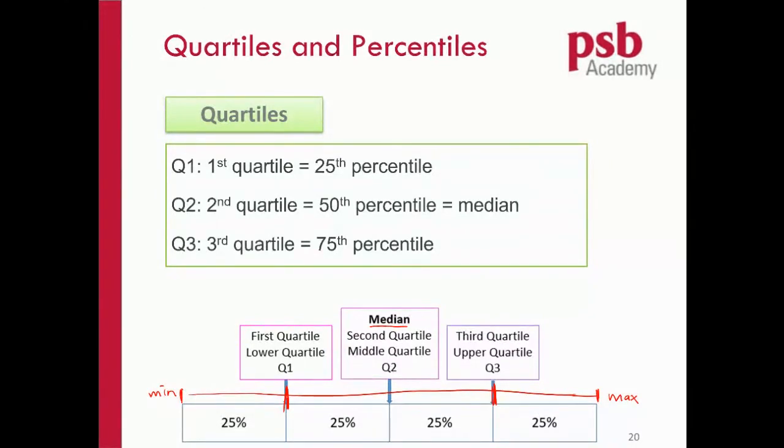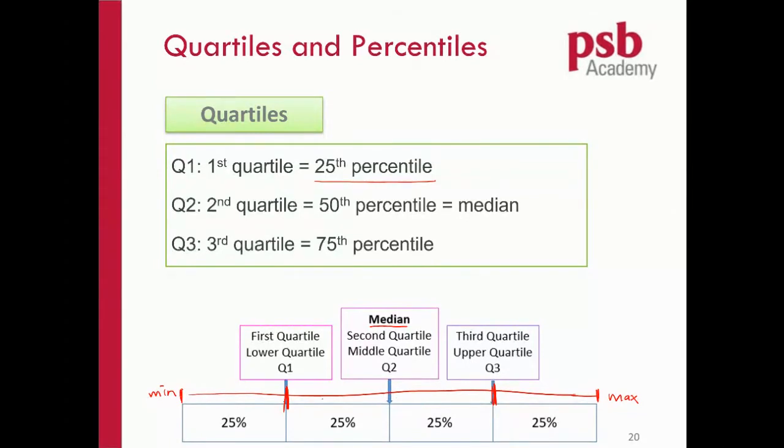So at the first 25%, this 25th point, we call that the 25th percentile, we call that the first quartile. Qua means 4, right? So quartiles mean we split the data into 4 sections. So this Q1 point, we call the first quartile, the lower quartile, or we use a symbol, just Q1.